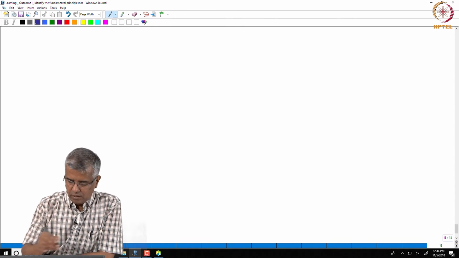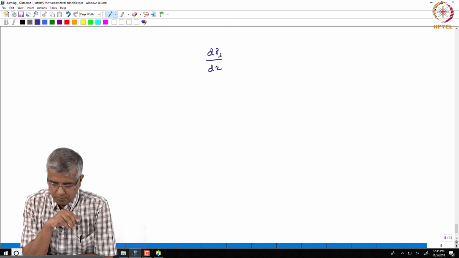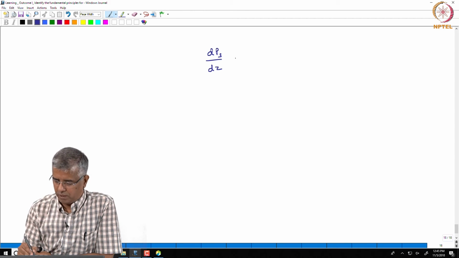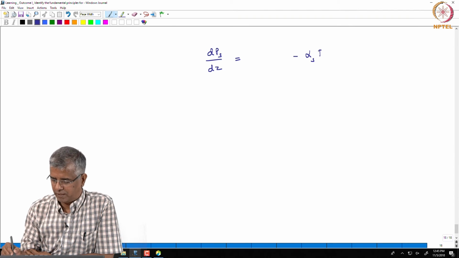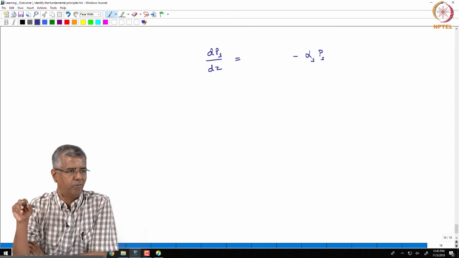So if I'm tracking the signal photons along the length of the fiber, that obviously is going to get depleted at the rate of minus alpha s Ps, where alpha s corresponds to the attenuation in the fiber.